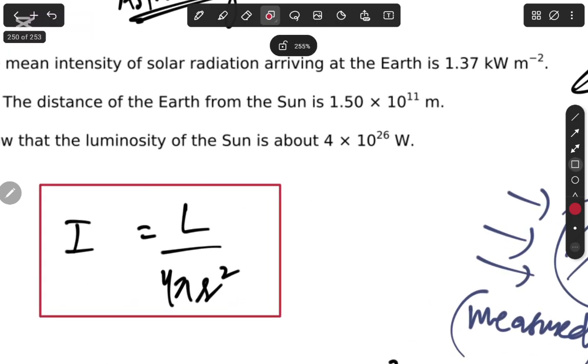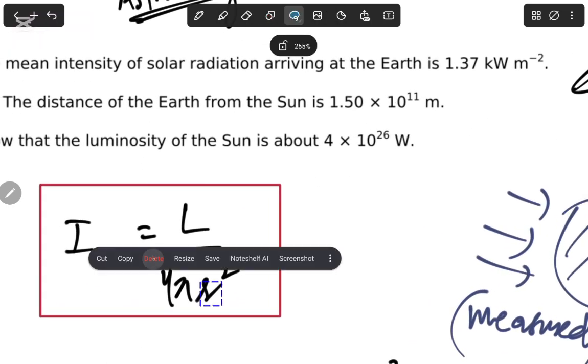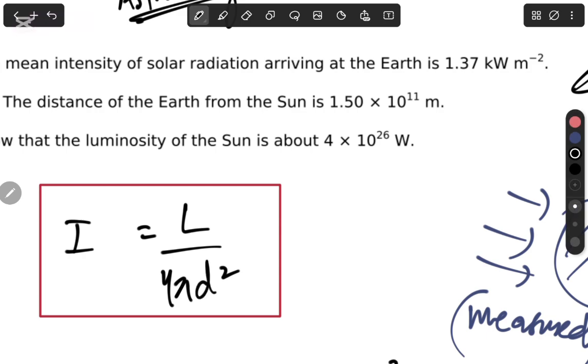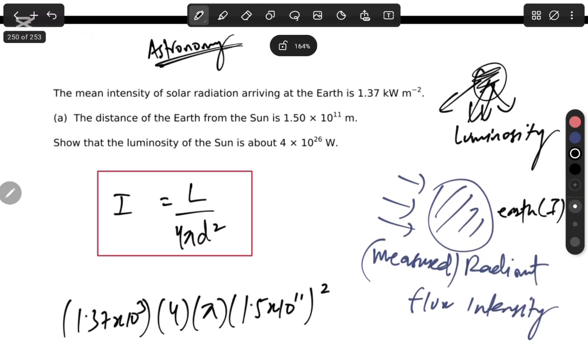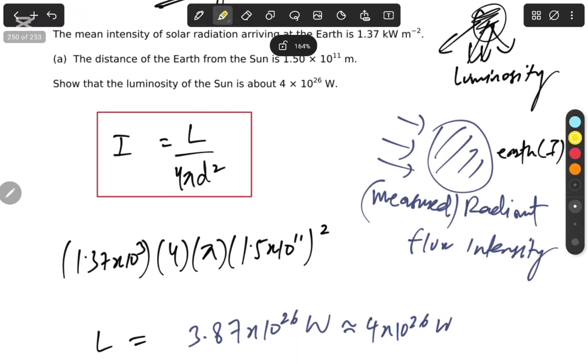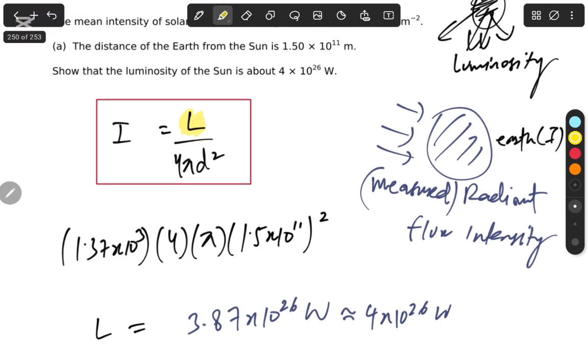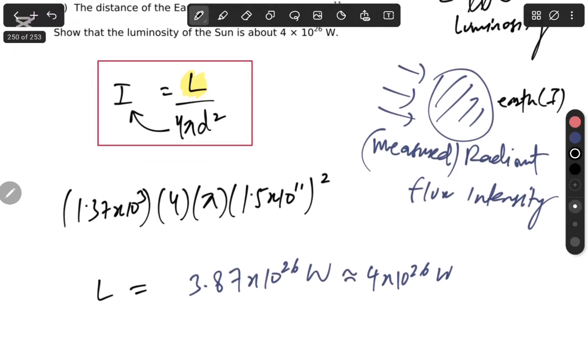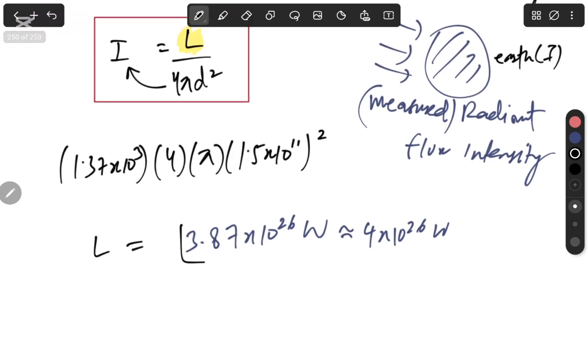It's better to write that as d. So 4 pi d squared. Now we have to find this L, so we can just multiply this with the intensity, and we'll get our luminosity as 3.87 times 10 to the power of 26 watts, which is approximately the value they gave in the question.